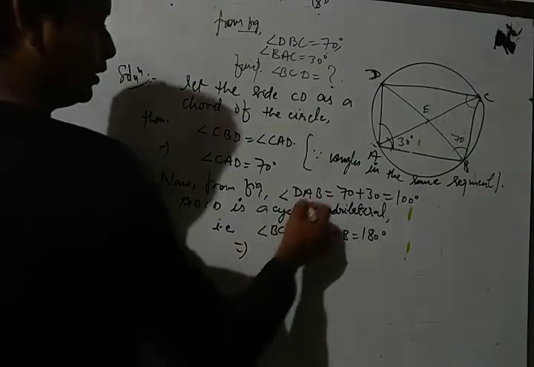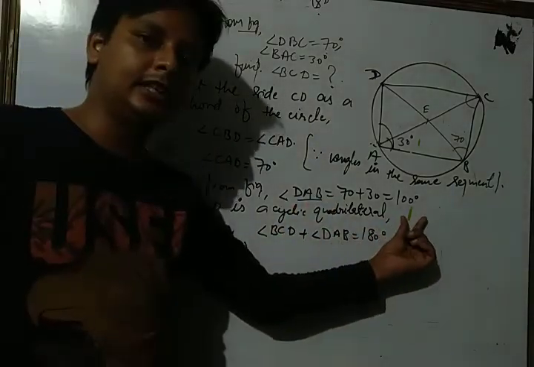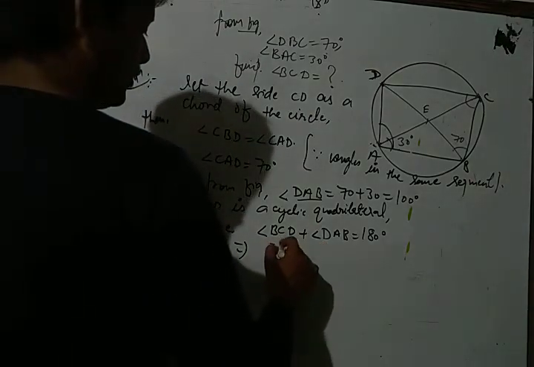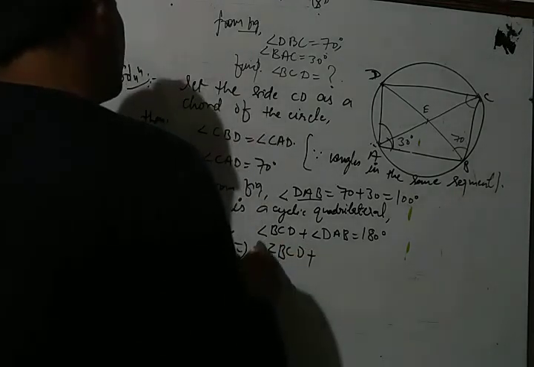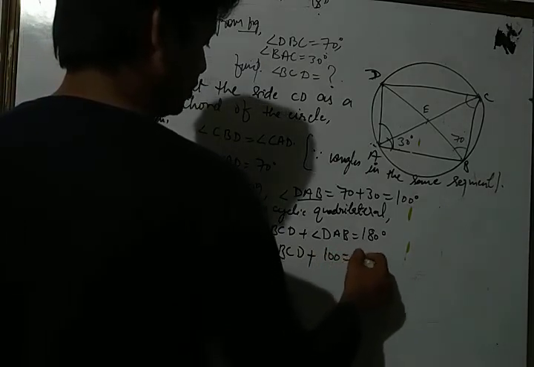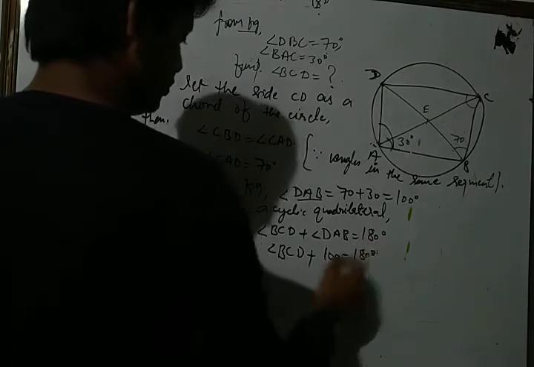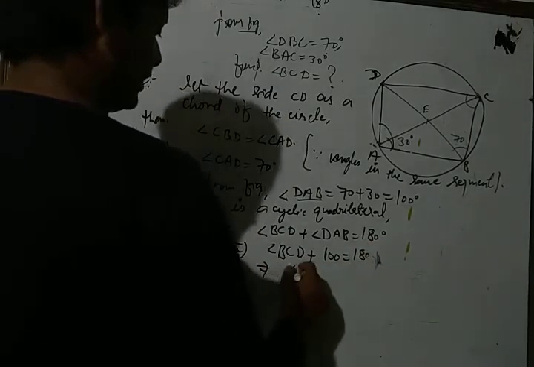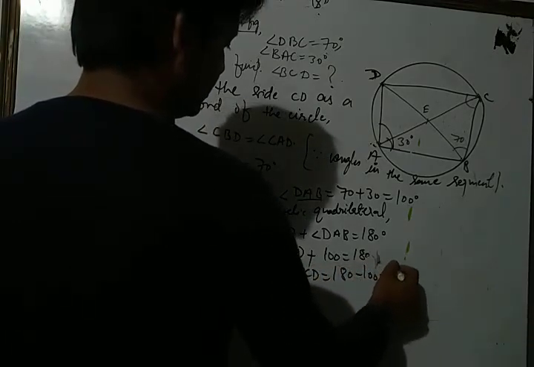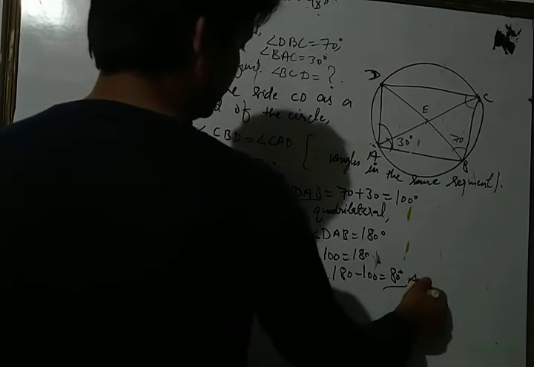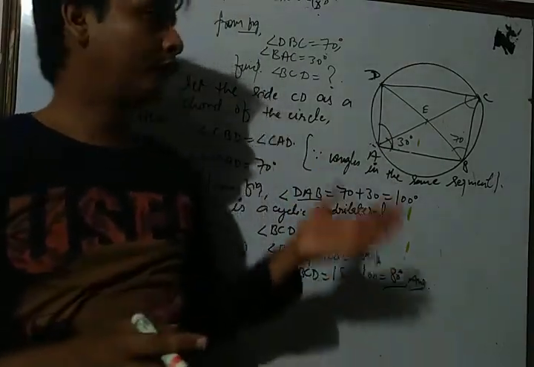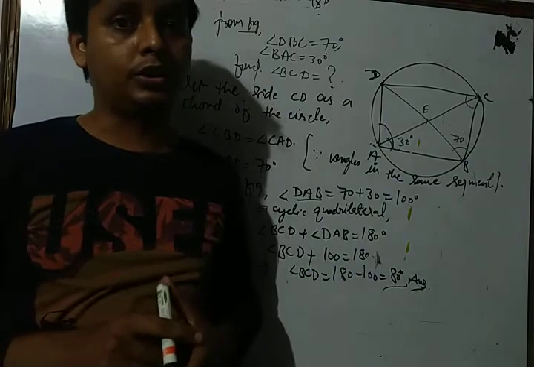We put the value of angle DAB as 100 degrees. So angle BCD plus 100 degrees is equal to 180 degrees. So angle BCD is equal to 180 minus 100, that is 80 degrees. This is our answer. So dear students, in this way we can solve this type of question.